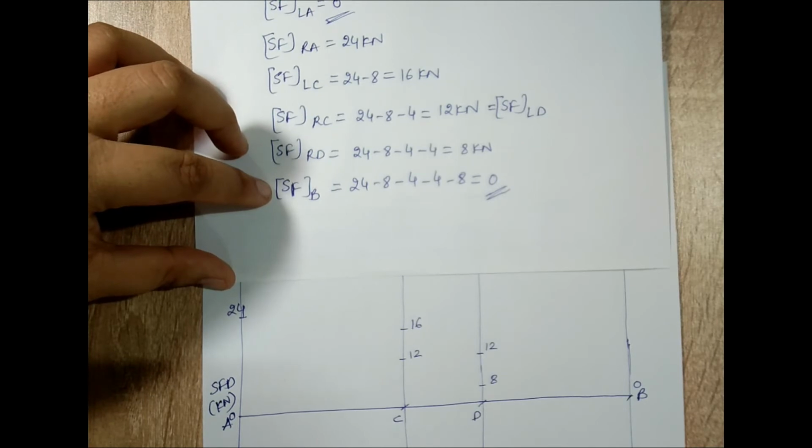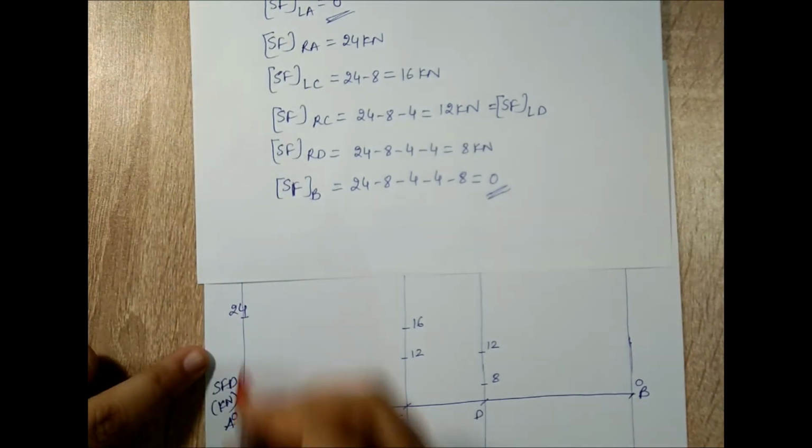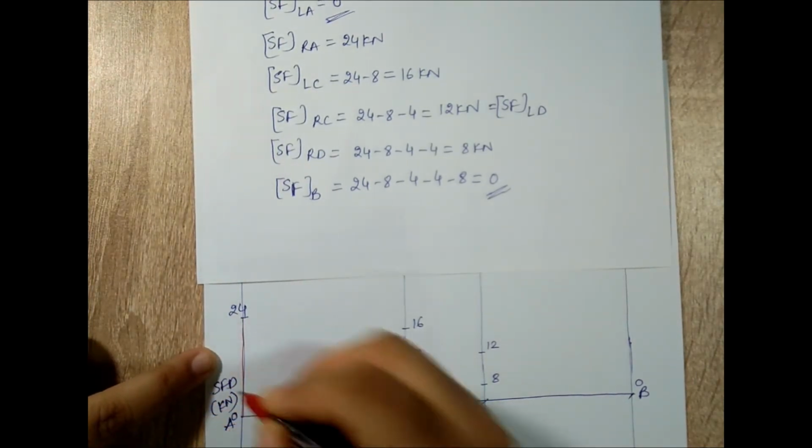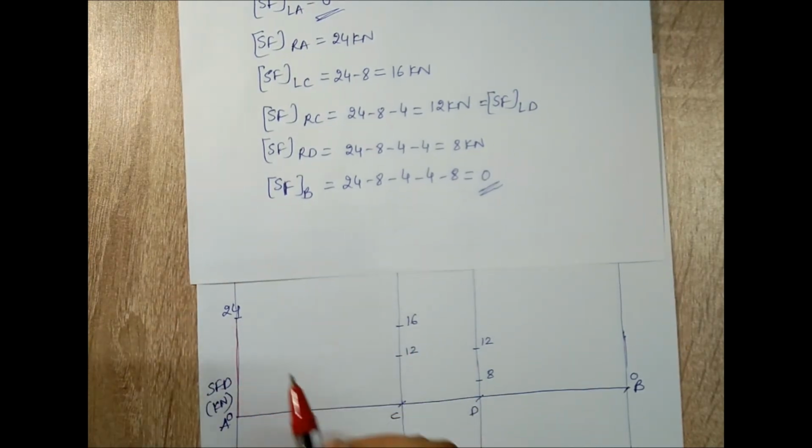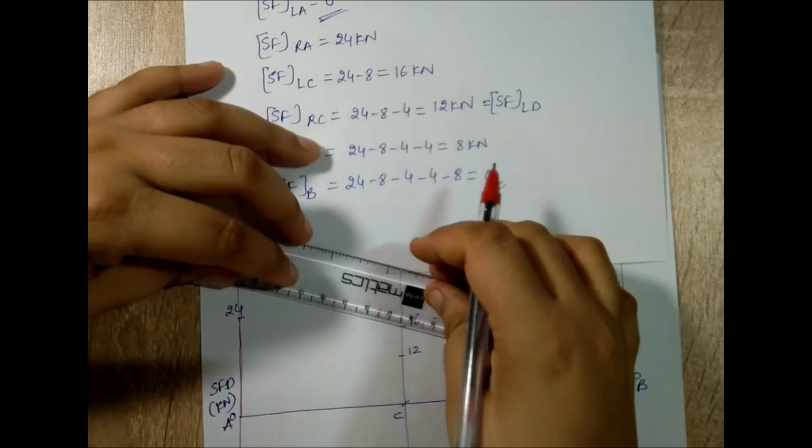Now I'll join left of A, right of A. Next I have left of C. So from 24 to 16, I'll join with an inclined line.